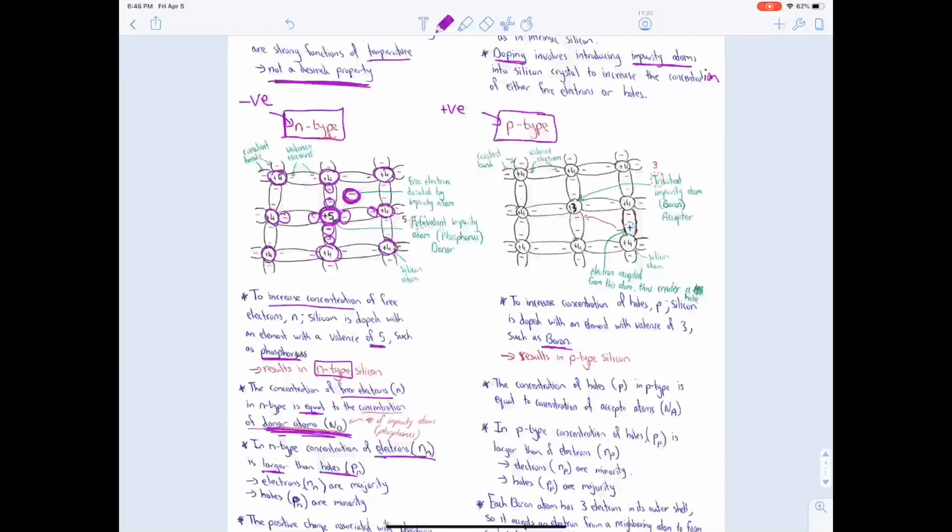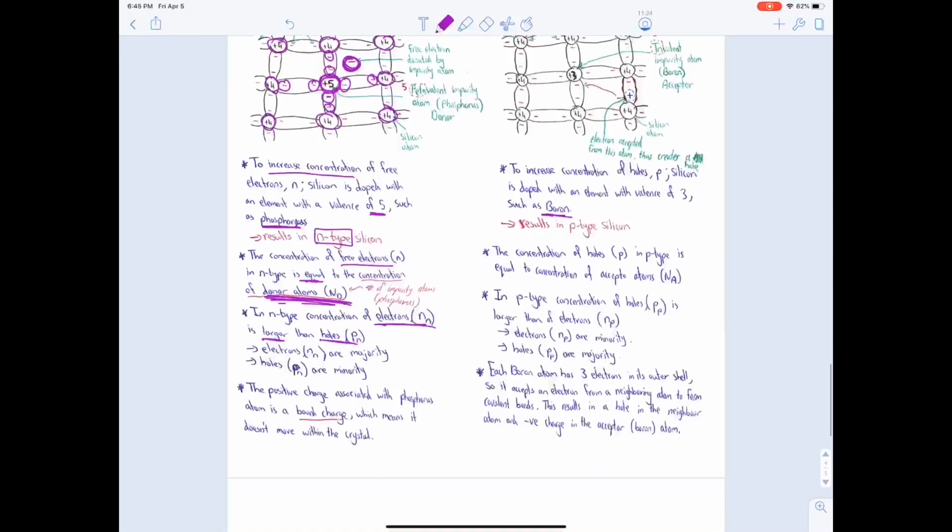Hence, it is named N-type silicon. Negative. Okay? Because electrons are the majority and holes are the minority. Now, the positive charge associated with the phosphorus atom, which means the hole associated with the phosphorus atom, is a bound charge. It's not free to move, which means that it does not move within the crystal.